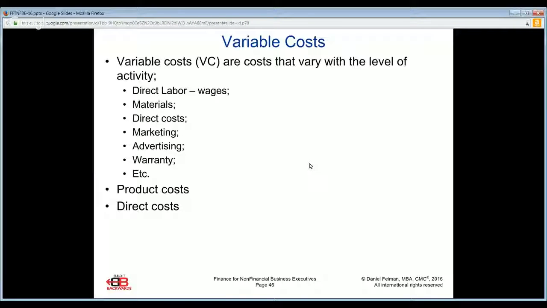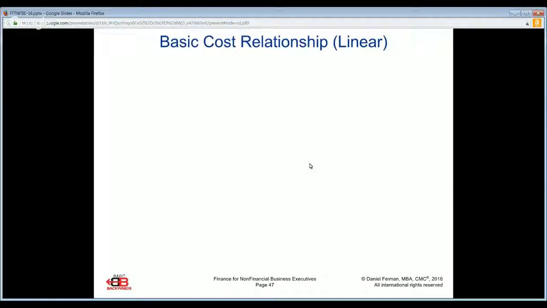Those are variable costs. As our costs relate proportionally, as production increases, as our sales increase, our variable costs increase. So fixed costs remain over a period of time. Variable costs move up and down with production levels.